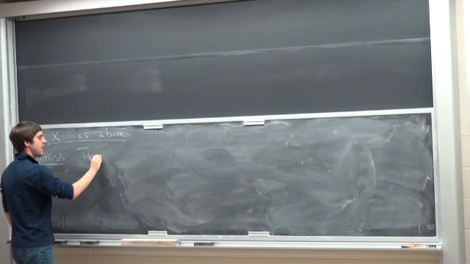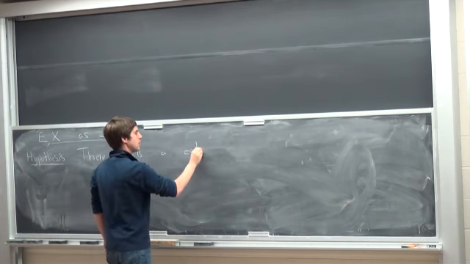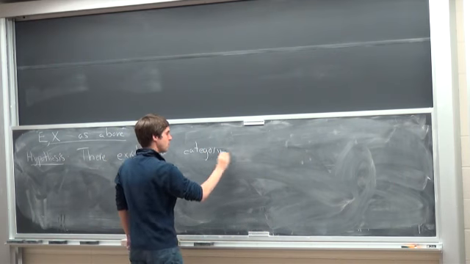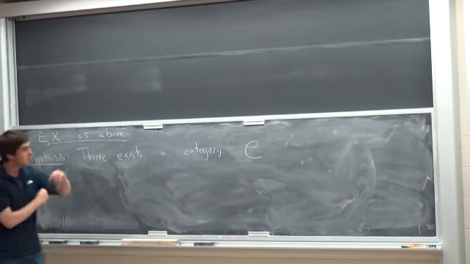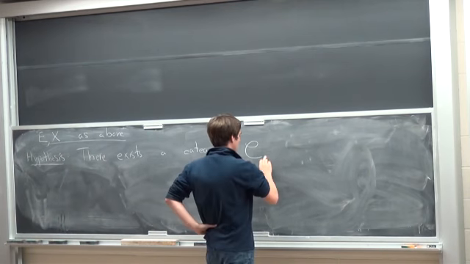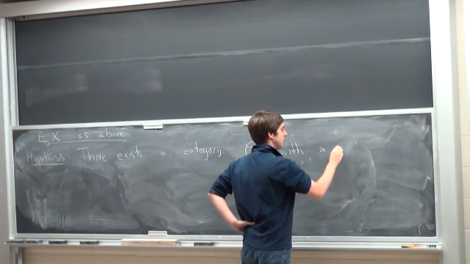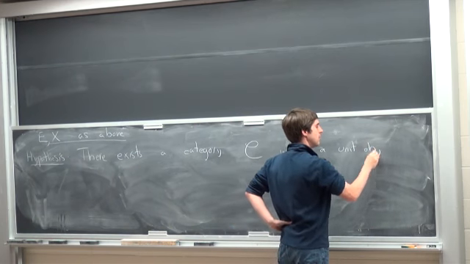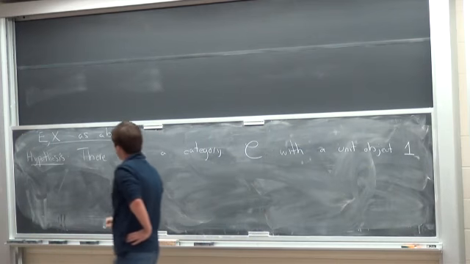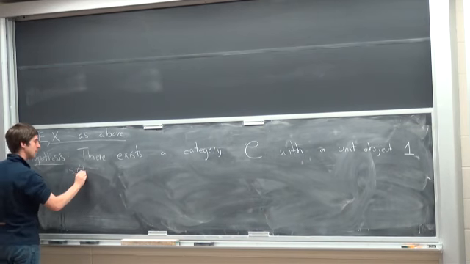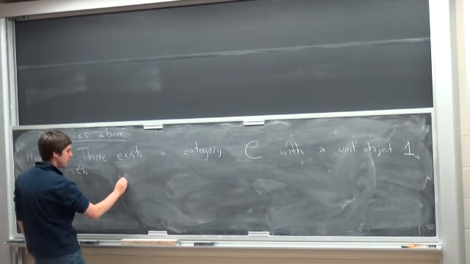So there exists a category which I'll call C. It's going to depend on X, so maybe I should write C of X, but never mind. And this category has a unit object, which I'll denote by 1, such that the following 3 things happen.